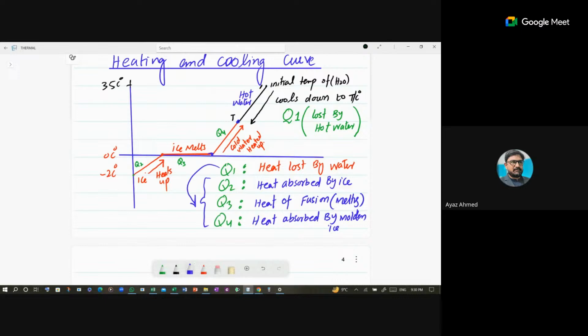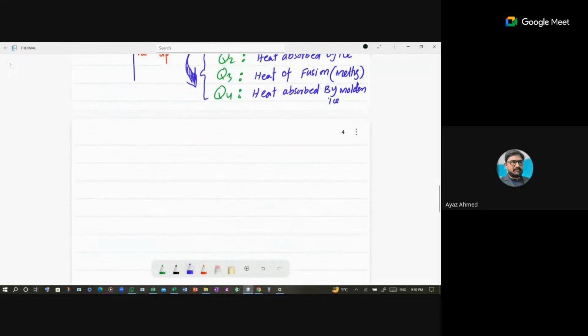Yes, Q1 is the source of all of these, because the heat lost by the water is equal to the heat absorbed by the ice to heat up, the heat absorbed by the ice to melt down, and the heat absorbed by the ice, I mean cold water, to heat up.